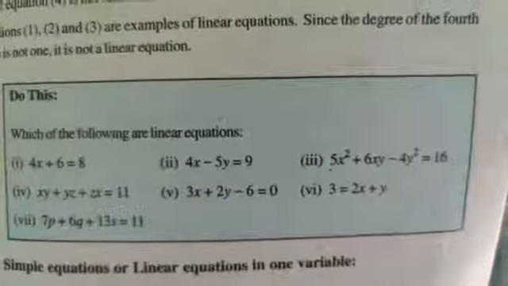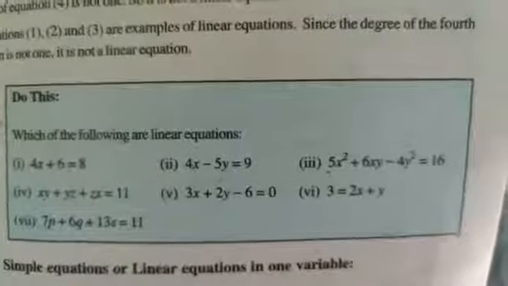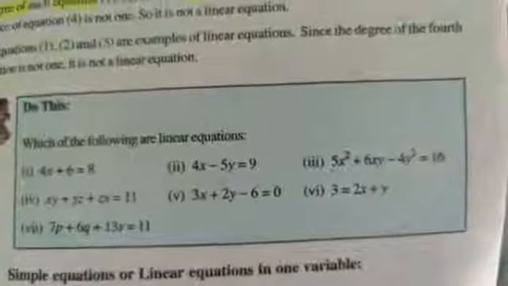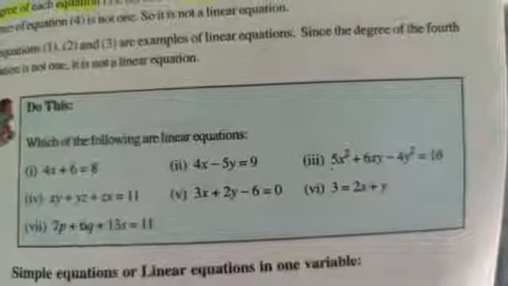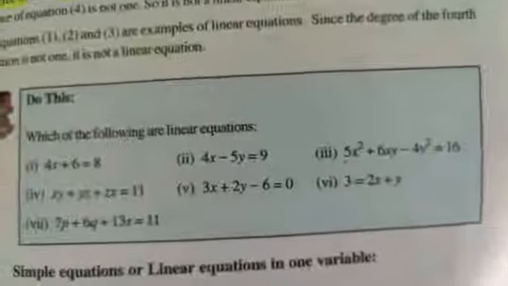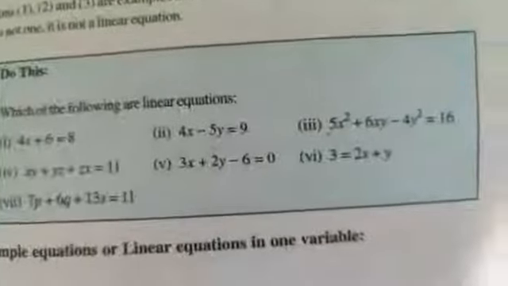In the second sum, 4x minus 5 equal to 9, there are two variables. As per the definition, a linear equation in one variable is called a simple equation. Here, it is a linear equation in two variables, so it is not a simple equation, but a linear equation.